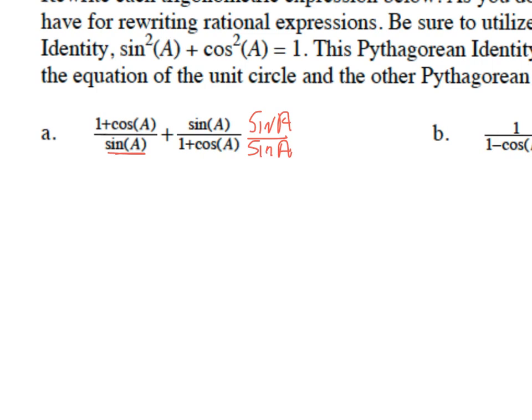Then in the first fraction, I want to multiply by what's in the denominator of the second fraction. That's 1 plus cosine a. So I'm going to multiply the numerator by 1 plus the cosine of a.